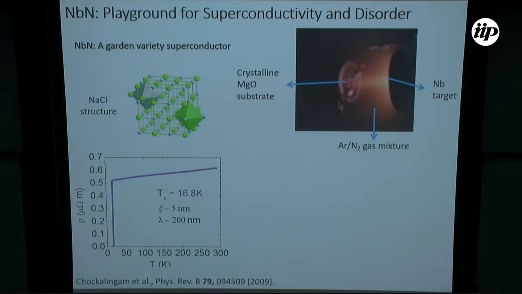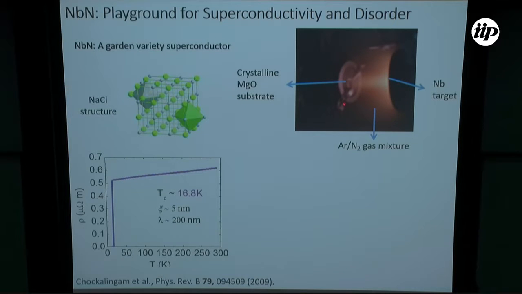Now, I come to the actual system that I will be telling you about. So we will be using niobium nitride, and when we started synthesizing this niobium nitride, we realized that we can synthesize it in epitaxial form on a magnesium oxide substrate.